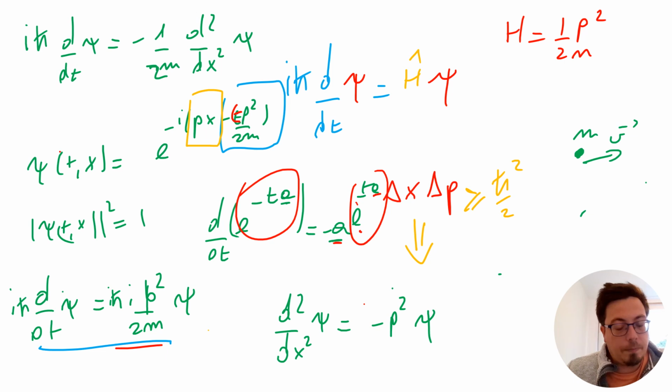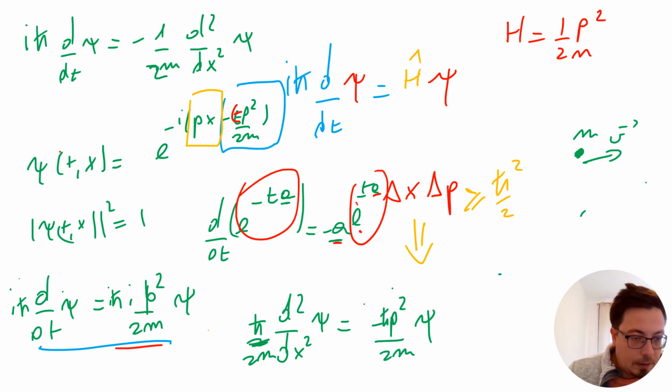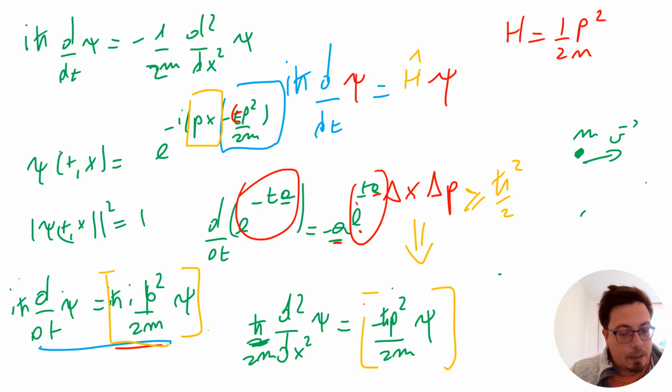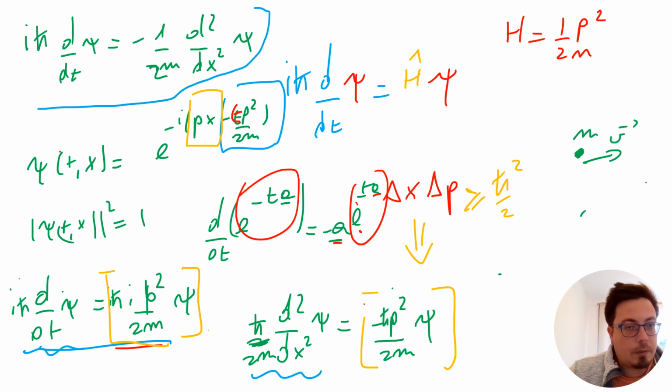And this is good because if we multiply by h bar and divide by 2m, we get that these two parts are exactly the same. This part is exactly the same as this part here, and these are exactly what we have in our equation, the two sides, a and b. This is a and this is b.